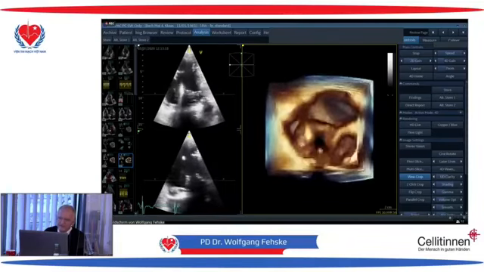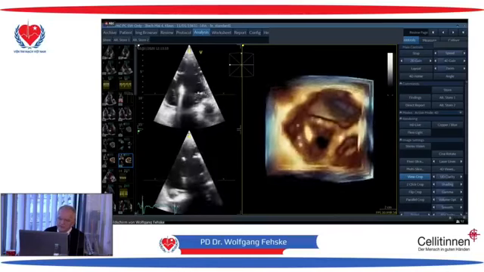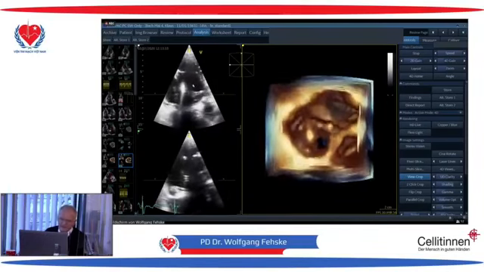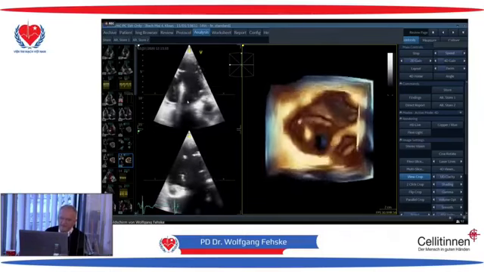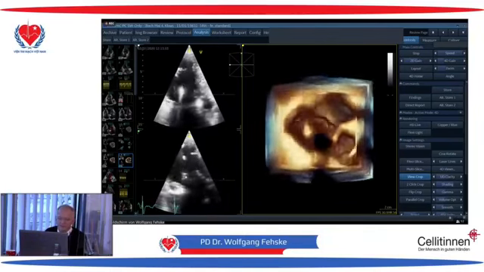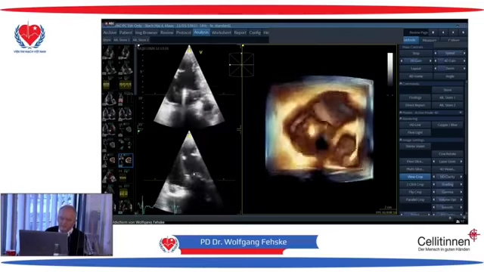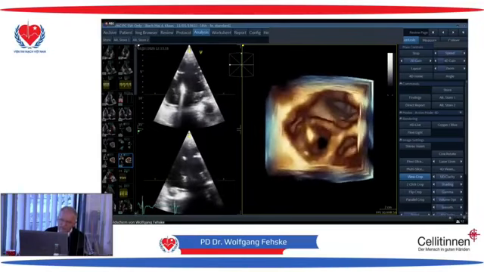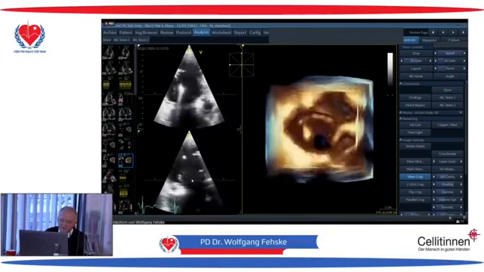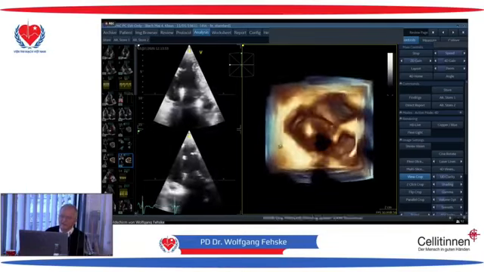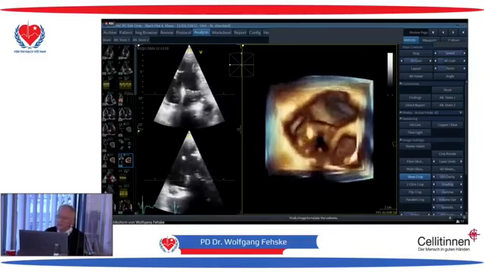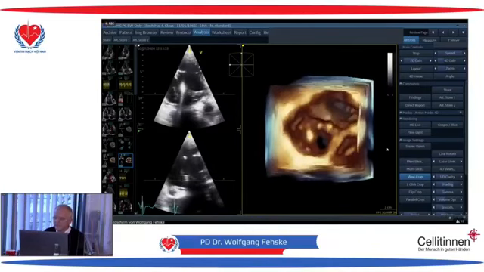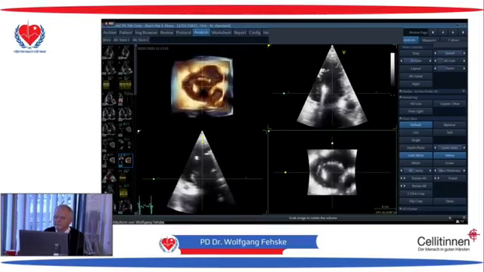There is no interaction between the leaflets and the pacemaker lead. Something must be wrong. You see that there is restricted motion. This is 3D, and here the restricted motion of the leaflets. Let's try to define it a little bit more.